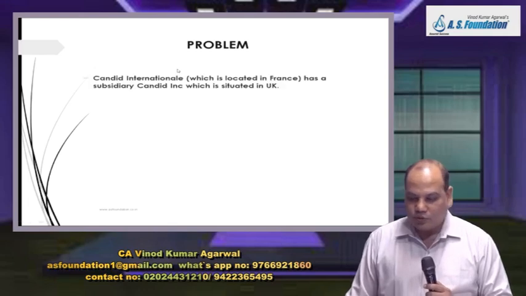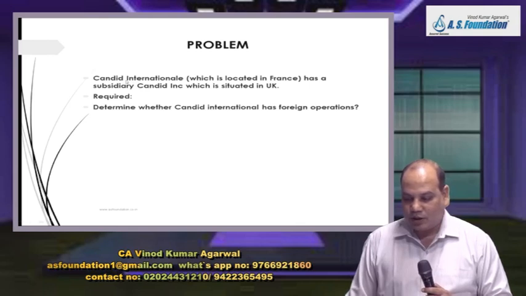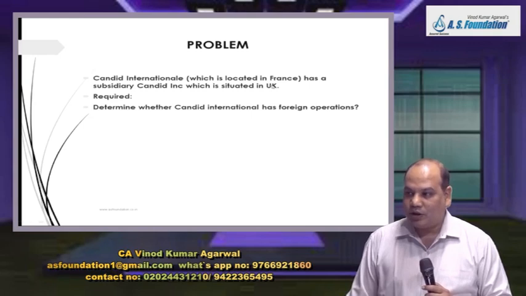So now come to question number 1. Close the book. Answer is printed. Only think and answer. Candid International, which is located in France, has a subsidiary Candid Inc., which is situated in UK. Whether Candid International has foreign operation?